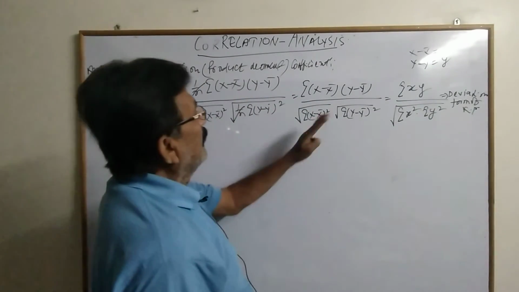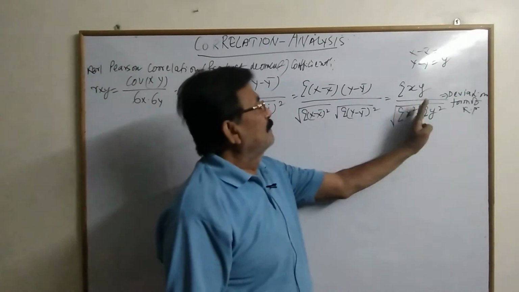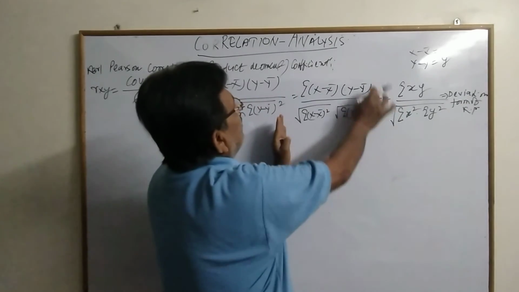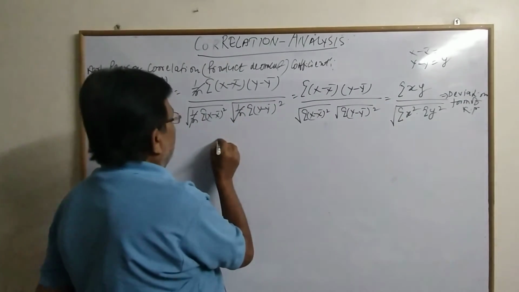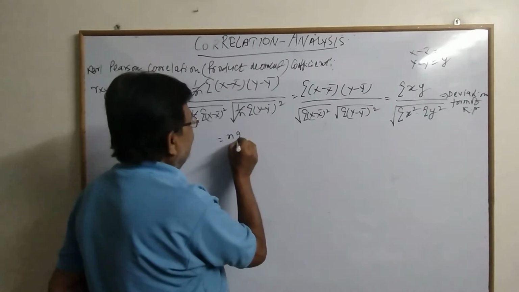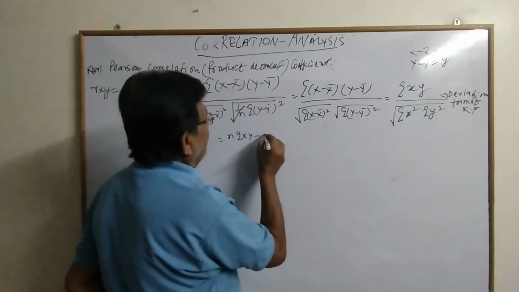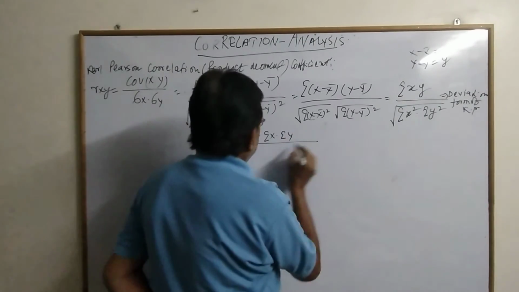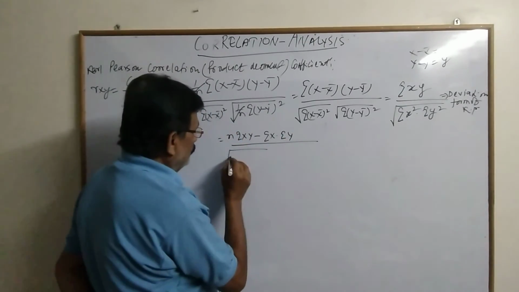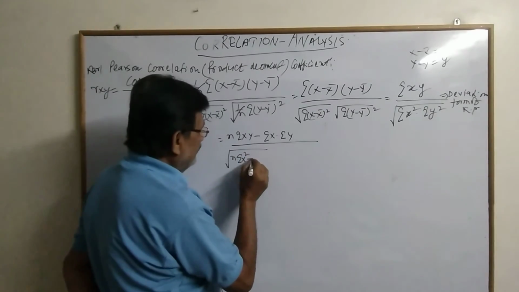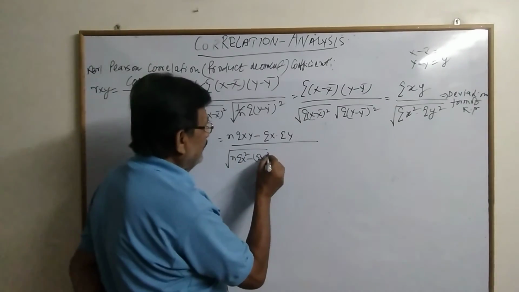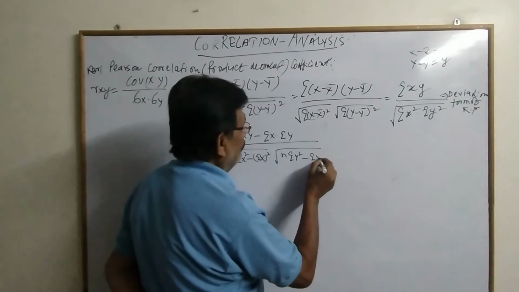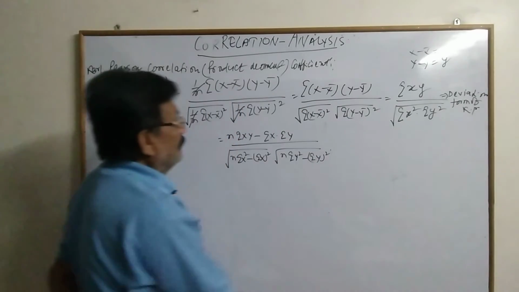Now, if we don't go this way and we expand this, then we get n summation xy minus summation x summation y, divided by the square root of n summation x square minus (summation x) whole square, times n summation y square minus (summation y) whole square.